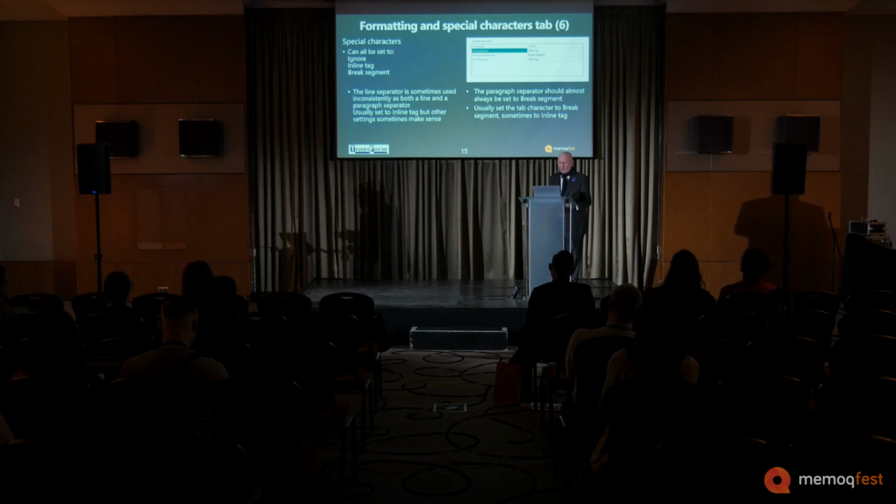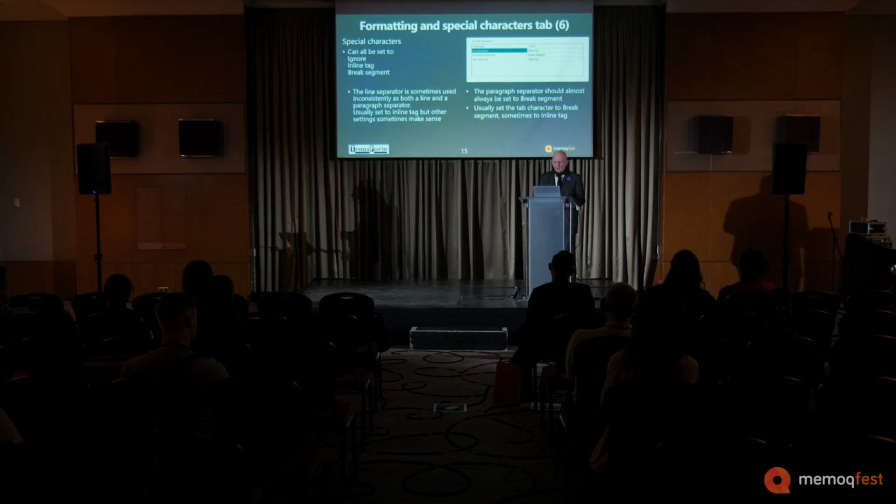The paragraph separator, the hard return, that's usually set to break segment. The tab character: if you've got a lot of tables in your text that are made with the InDesign table editor, then you may want to put a tag in for the tab character, particularly if tabs have been used for formatting inside table cells.